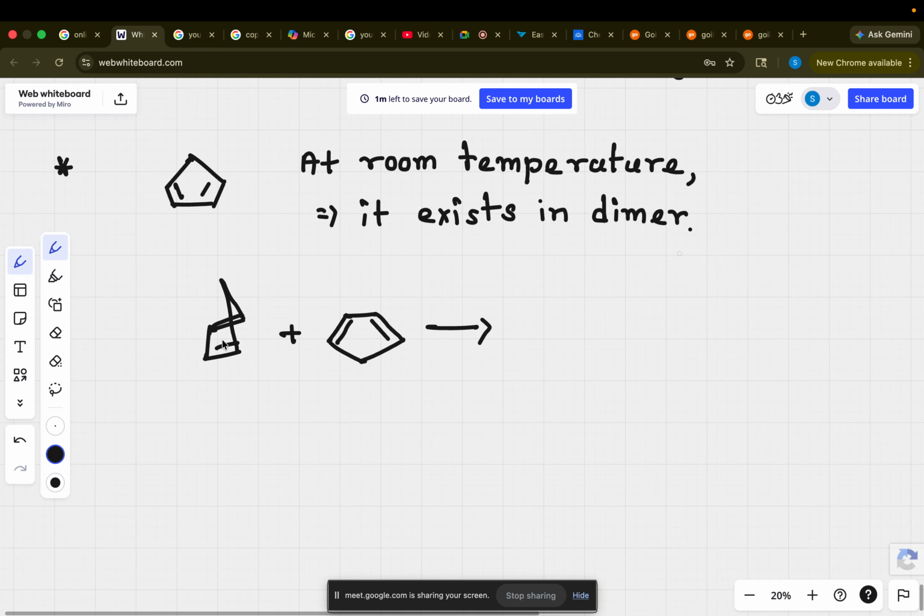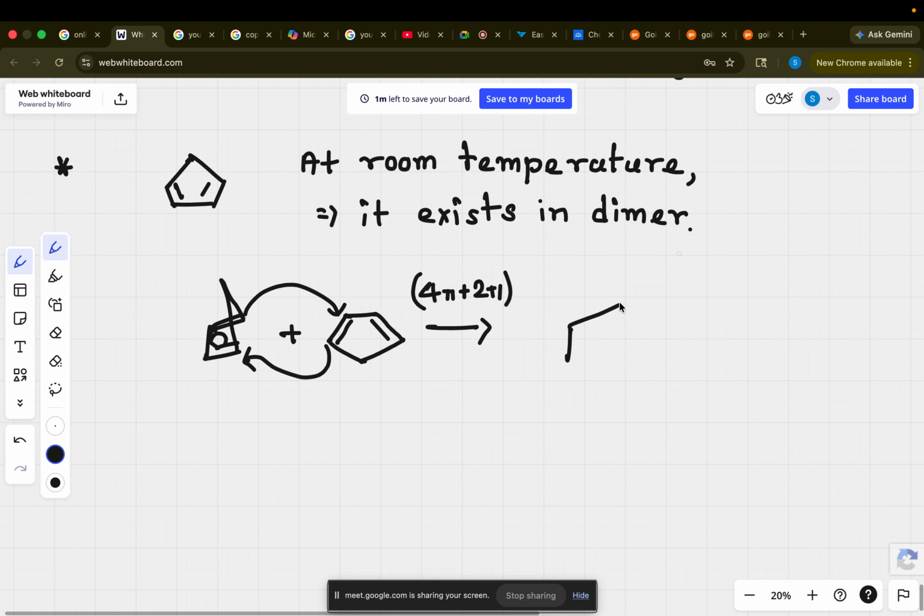This is your 4 pi electrons, and this is your 2 pi electrons. At room temperature itself, a 4 plus 2 cycloaddition will happen. So these electrons will attack here, that double bond will attack here, and this pi bond will move to here. This is a simple pericyclic reaction, the Diels-Alder reaction.